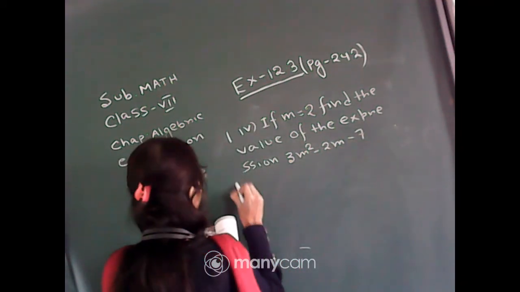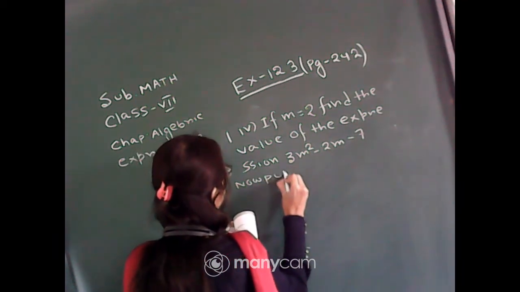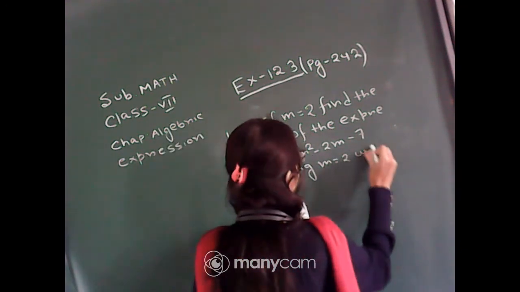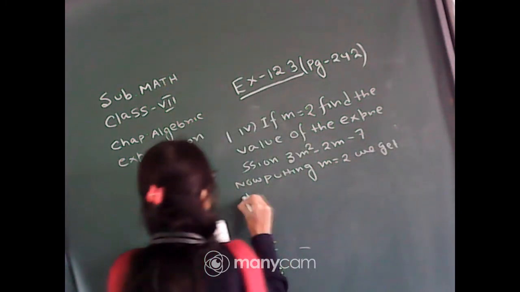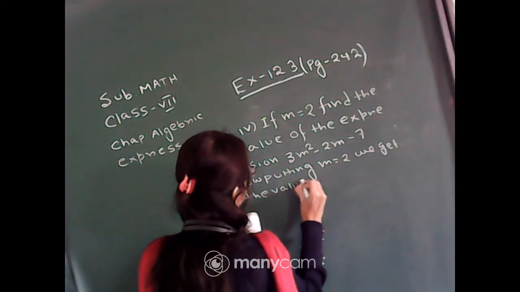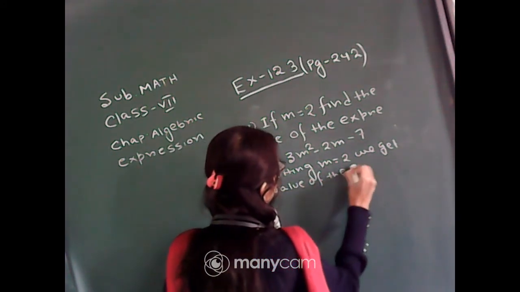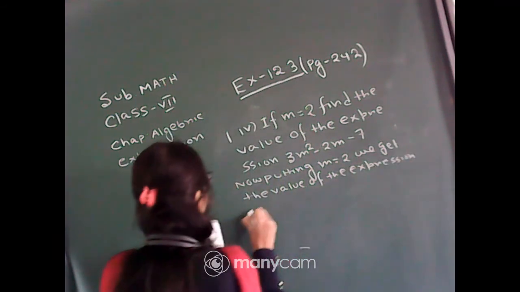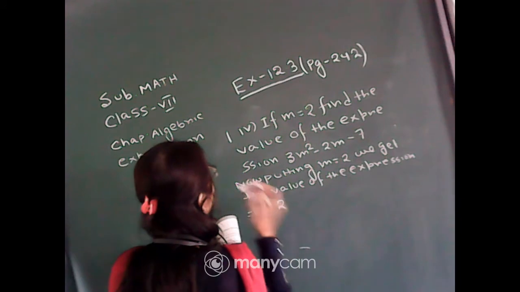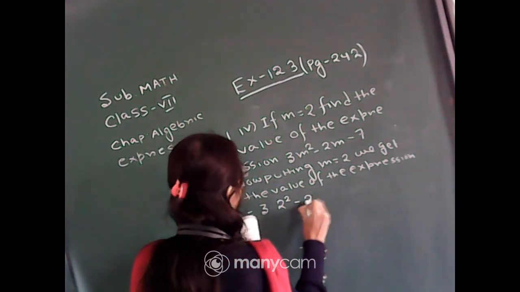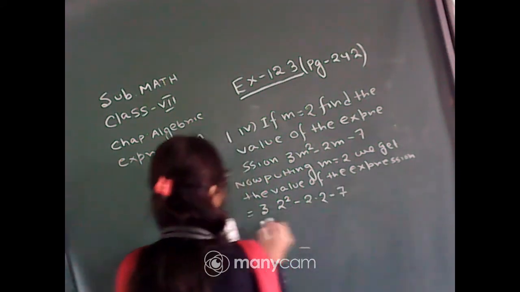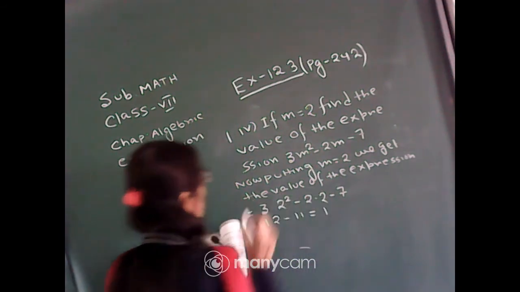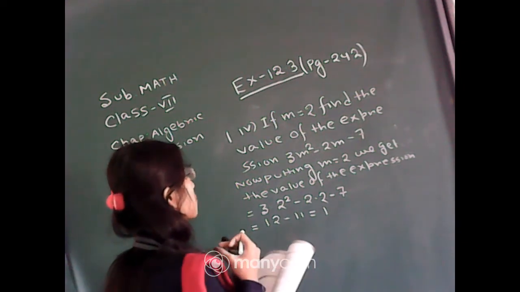Now putting m is equal to 2, we get the value of the expression is equal to 3 into 2 square minus 2 into 2 minus 7, and therefore this is equal to 12 minus 11, this is equal to 1. Therefore the value of the expression is equal to 1.